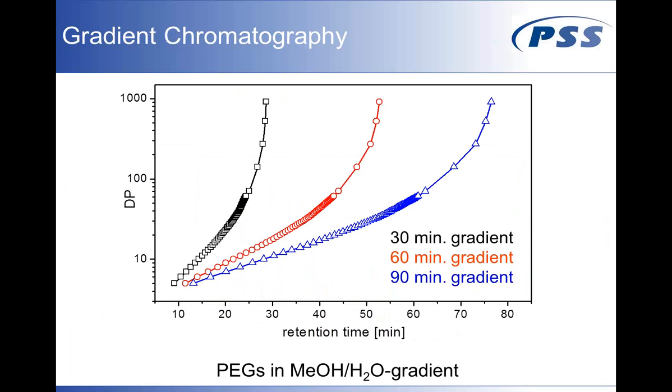If you plot that in a slightly different way, here is degree of polymerization versus retention time or retention volume. You see with increasing molar mass, the molar mass does not influence retention any longer. But at low molar masses, you might have an influence of molar mass on retention volume.